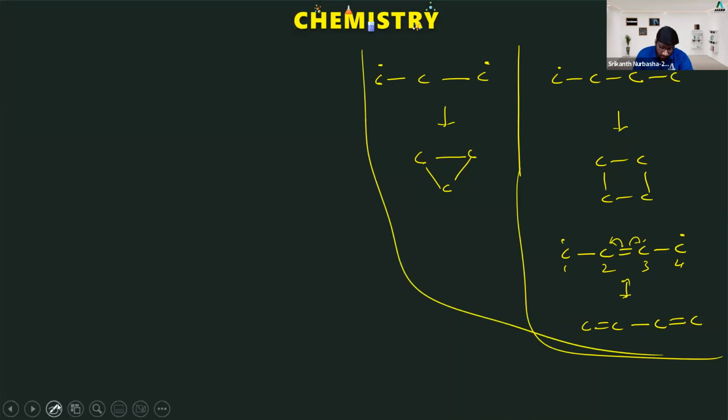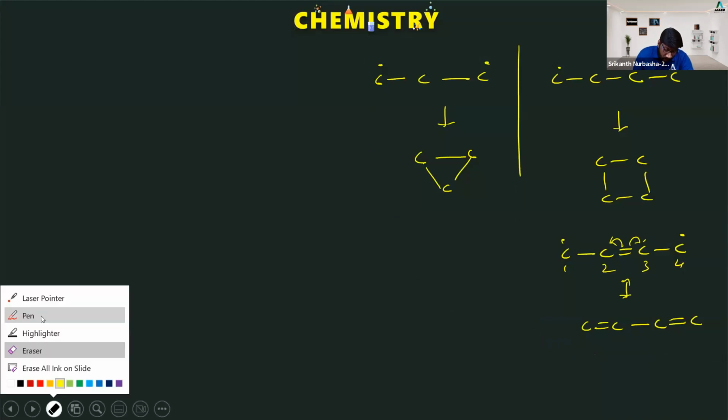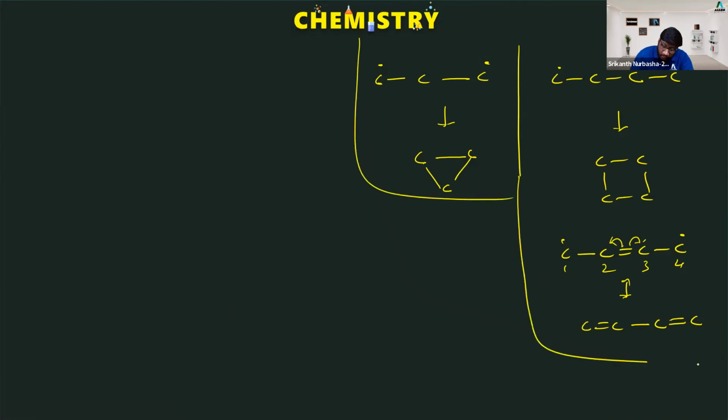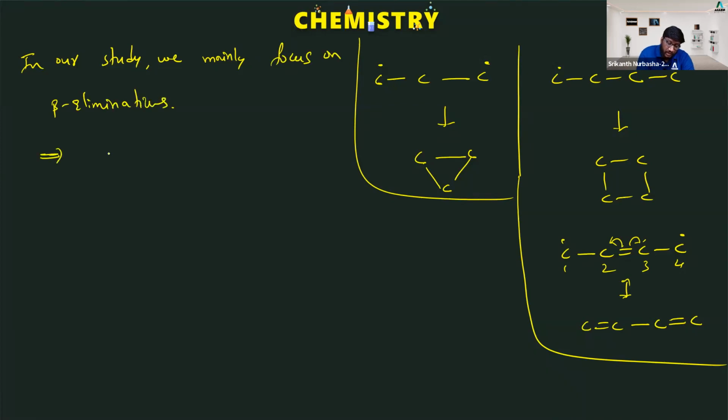Our main concept will actually be proceeding through beta eliminations. In our study, we mainly focus on beta eliminations, which are again classified into two types: E1 elimination and E2 elimination.